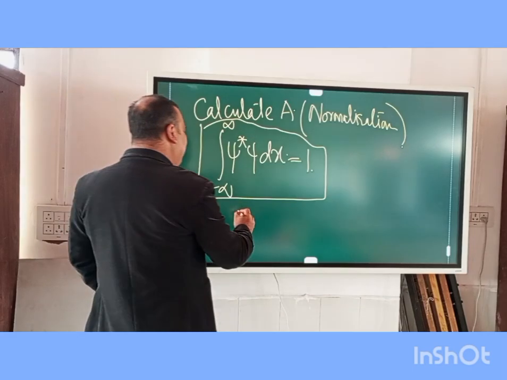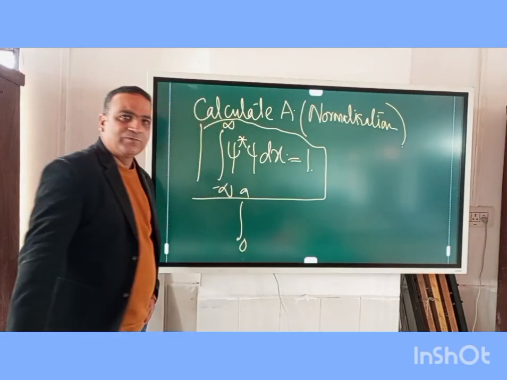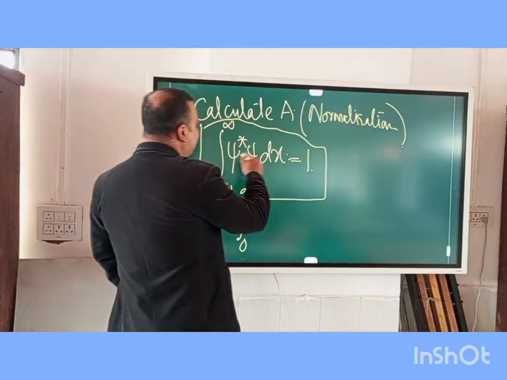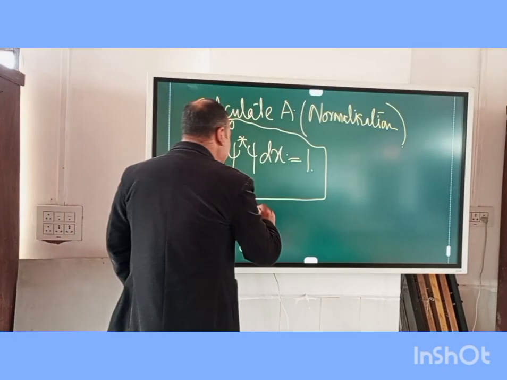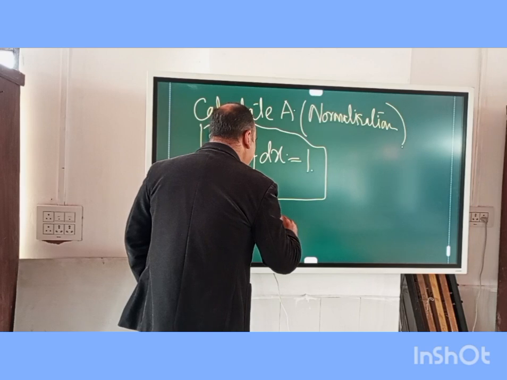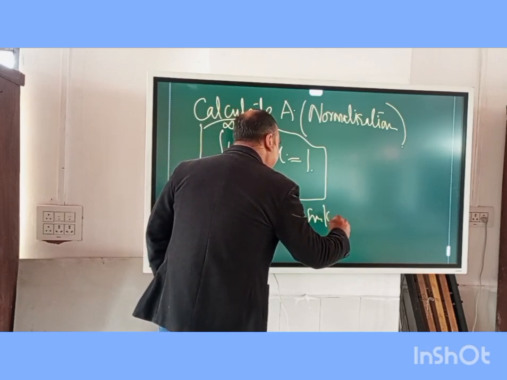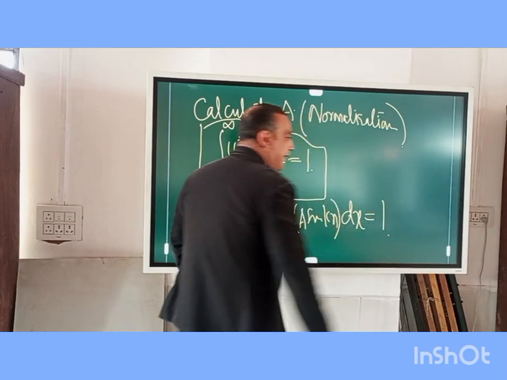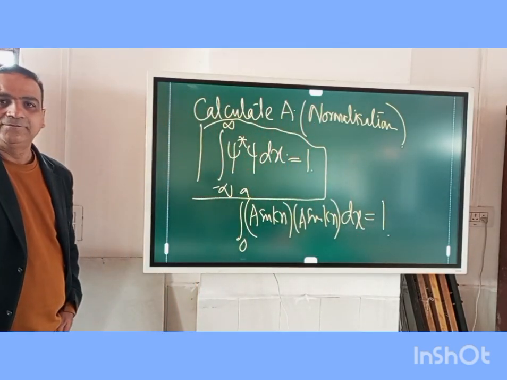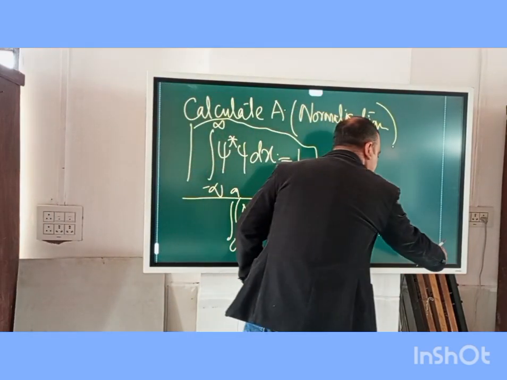So what will I write here? My problem goes from 0 to a, right? For psi star and psi, you have the same thing: A sine of kx times A sine of kx, and then you have dx, and this must be equal to 1. Clear? Okay.